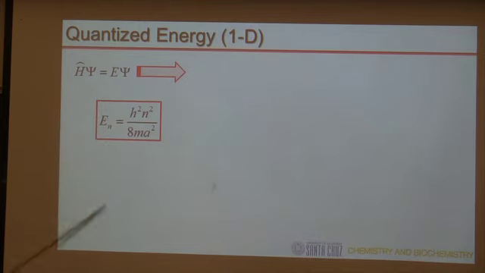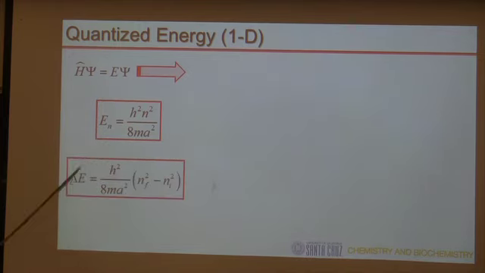Based on that, we can also evaluate the energy difference between 2 energy levels, again like n final squared minus n initial squared, somewhat like the Bohr model. Based on the 2 equations, you can evaluate the energy of each different level. We can plug in n equals 1 and get one number, n equals 2 and get another, n equals 3, n equals 4.